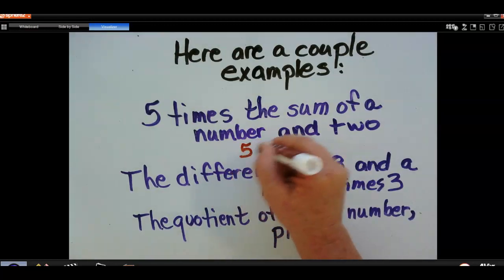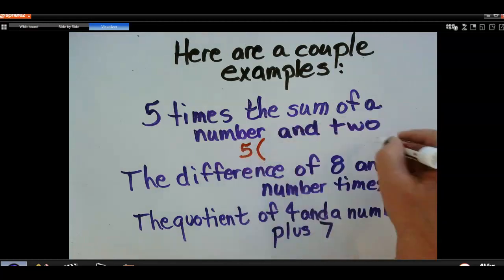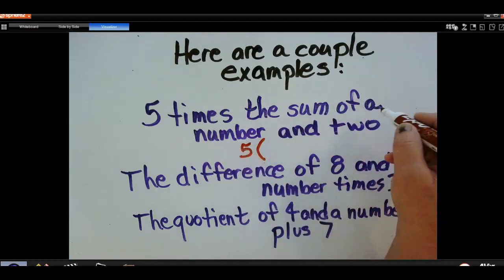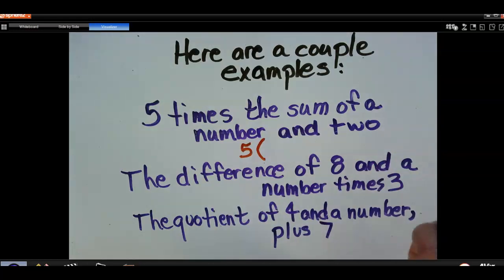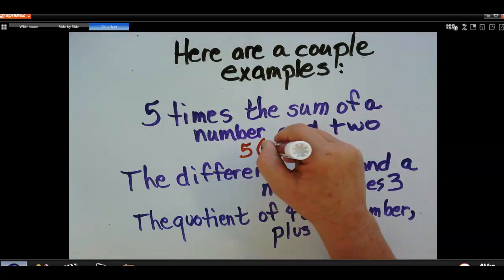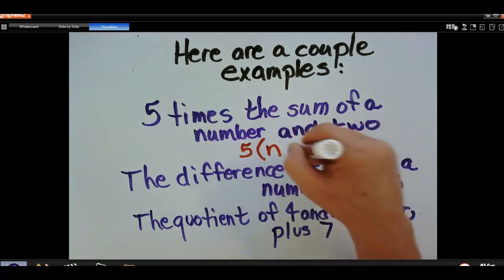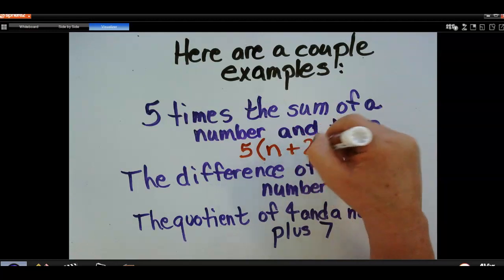5 times the sum. So you know that once it says sum, the n and the number are one thing. So the sum of a number, and sum means addition, so it's n plus 2.